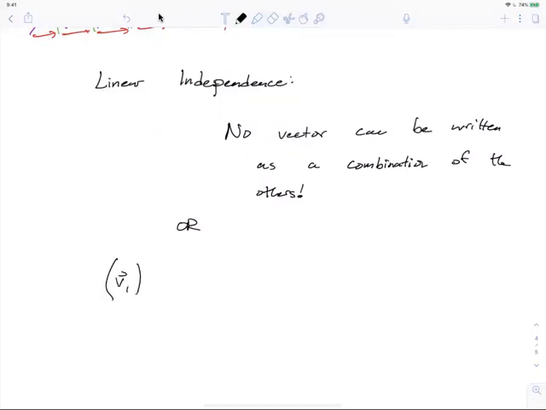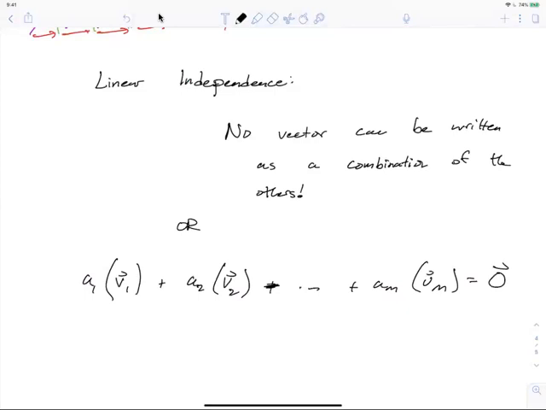If you take a bunch of vectors, the only way to get to 0 has only the solution A1 equals A2 equals AM, which is equal to 0.